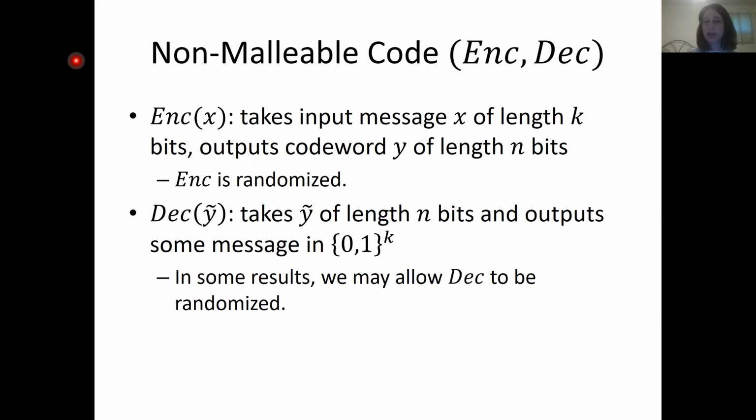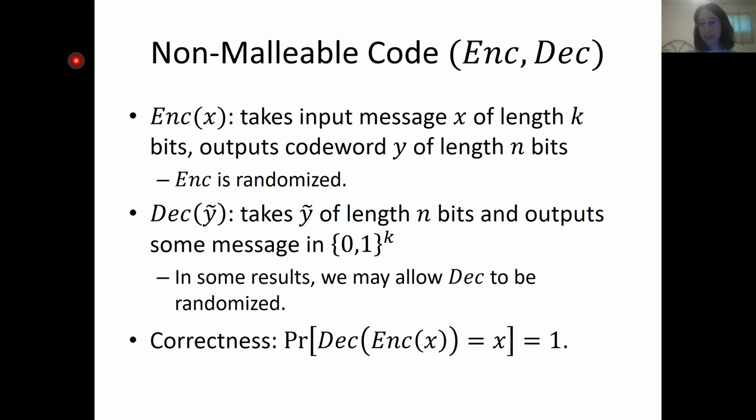The decode algorithm takes in a tampered code word y tilde of length n bits, and it's going to output some k bit message. And in some of the results I'm going to talk about today, we may allow the decode algorithm to also be randomized. And we have the natural definition of correctness. So if you decode a valid encoding of a message x, then you should recover x with probability 1.